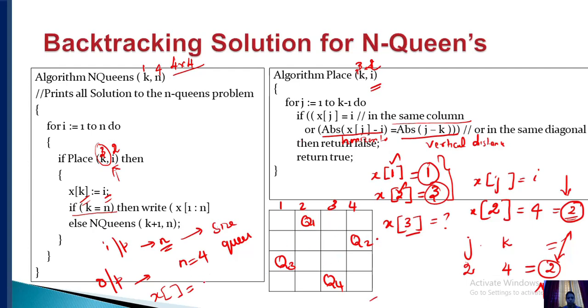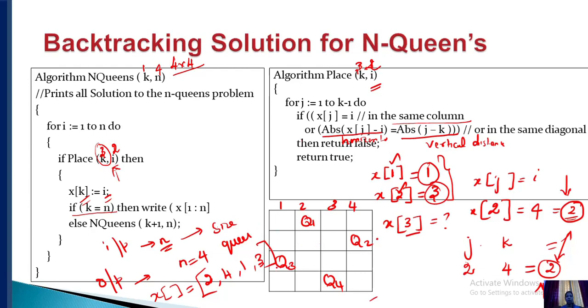So the solution is: the first queen is placed in position number 2, the second queen in position number 4, the third queen in position number 1, and the fourth queen in position number 3. This is one solution we got to place the 4 queens in this chessboard.